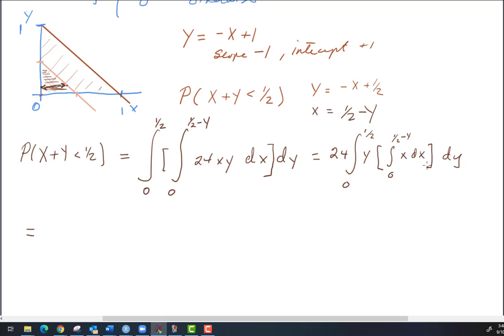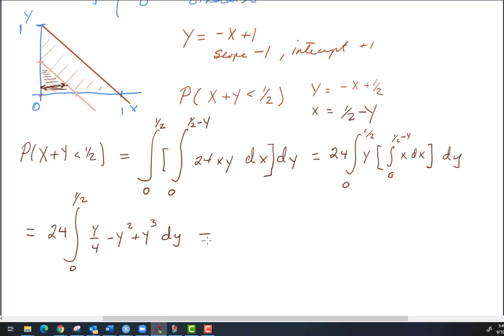And then I've got an expression in y that I have to multiply by this y, and I wind up with, just to jump in here, 24 times the integral from 0 to 1/2 of y over 4 minus y squared plus y cubed dy.